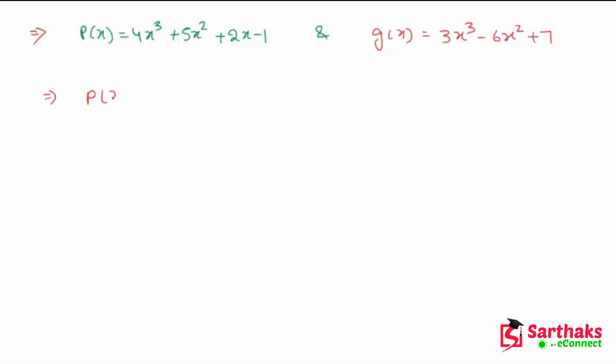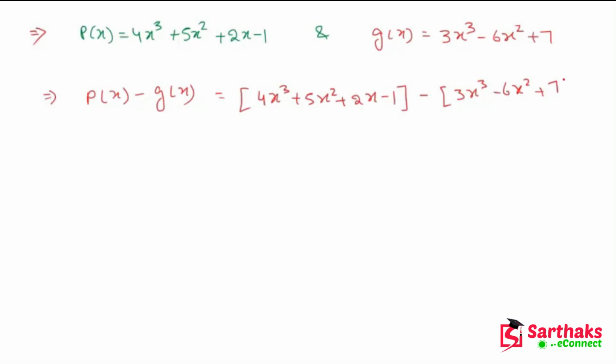Now we have to subtract these, so p of x minus g of x. Here is 4x cube plus 5x square plus 2x minus 1 minus (3x cube minus 6x square plus 7).